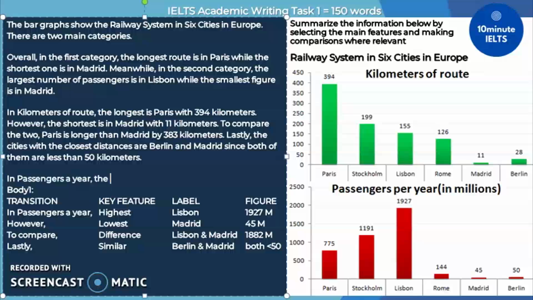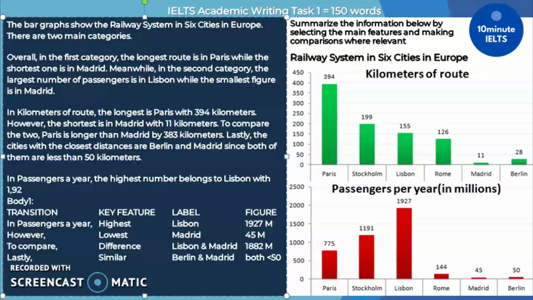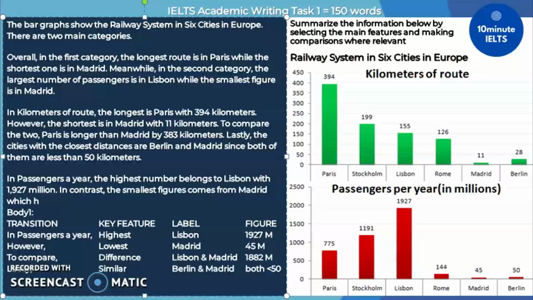The highest number belongs to Lisbon with 1927 million. In contrast, which is another way for saying however, the smallest figure comes from Madrid, which has only 45 million.